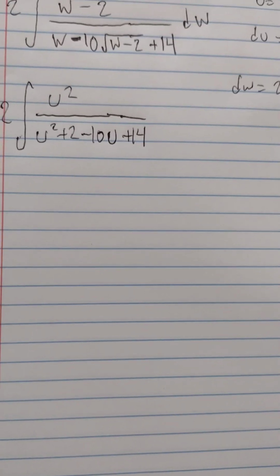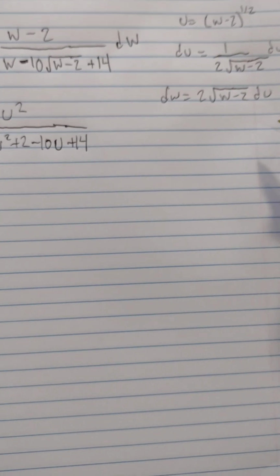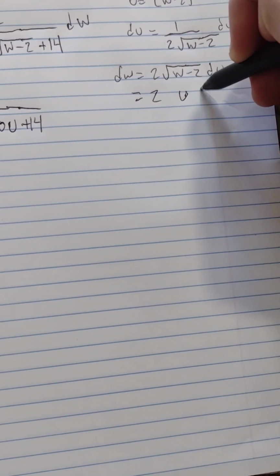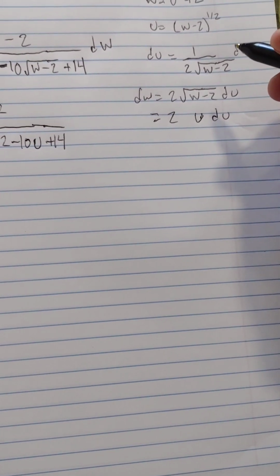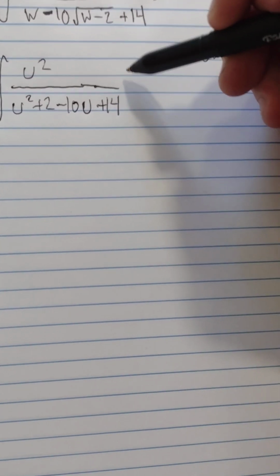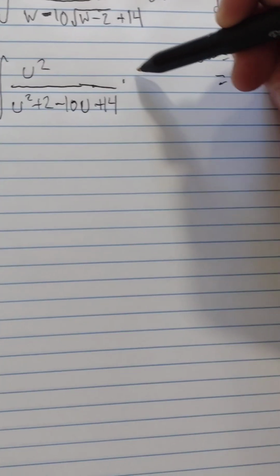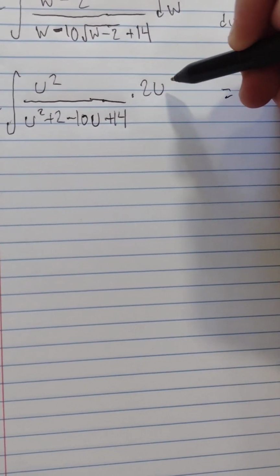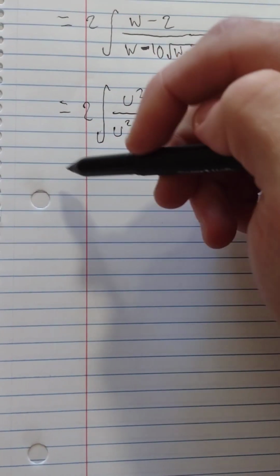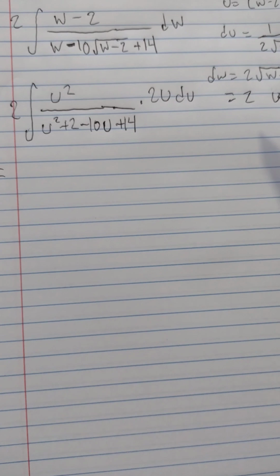And then instead of dw, we're going to have 2, and this is equal to 2u du, right? So we're going to say instead of dw, we have 2u du, times 2u du. And then you can simplify that.